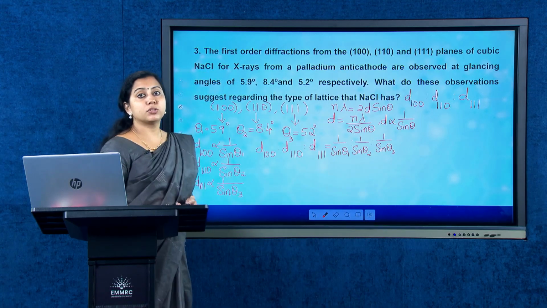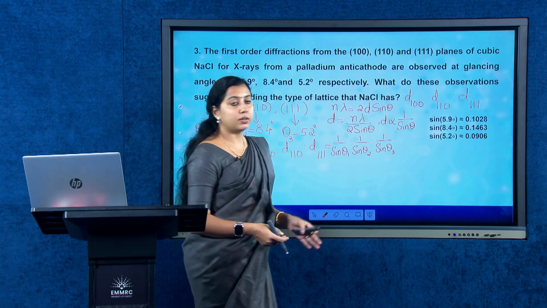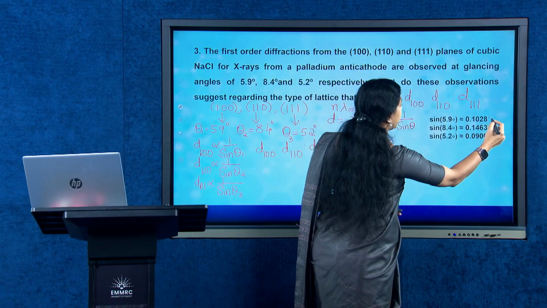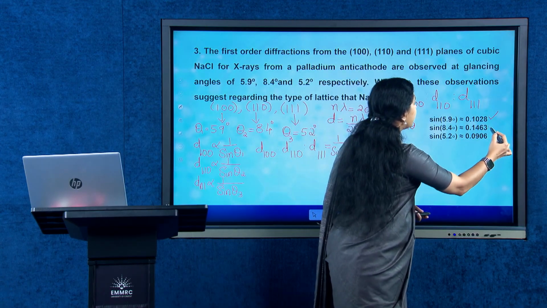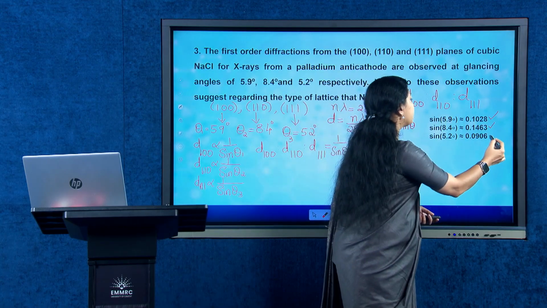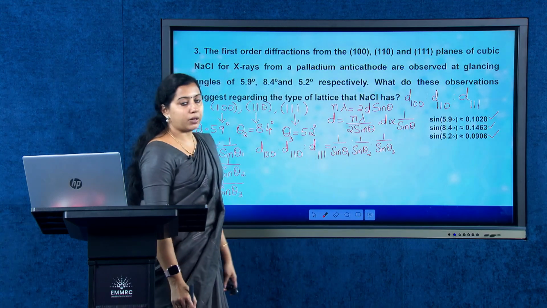The values for theta are given, so you have to find out the sin thetas. Sin 5.9 degree is 0.1028, sin 8.4 degree is 0.1463 and sin 5.2 degree is 0.0906. So, let us substitute the values.